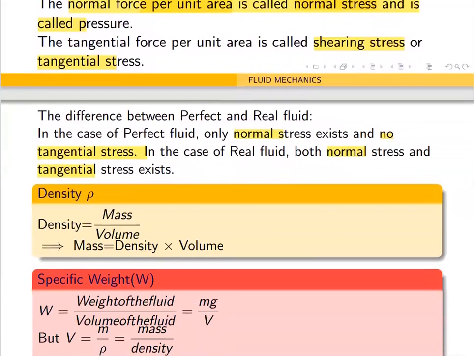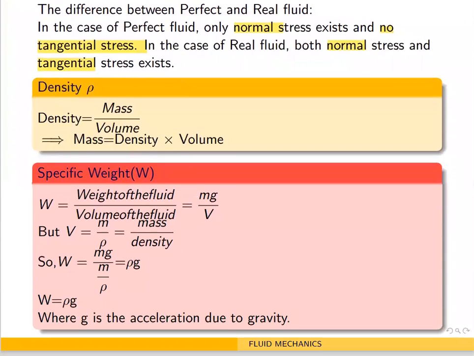Let us see what is density. Density is nothing but mass by volume, the ratio of mass to volume. Mass is nothing but density into volume. Now, what is specific weight? Specific weight is nothing but weight of the fluid divided by volume of the fluid.